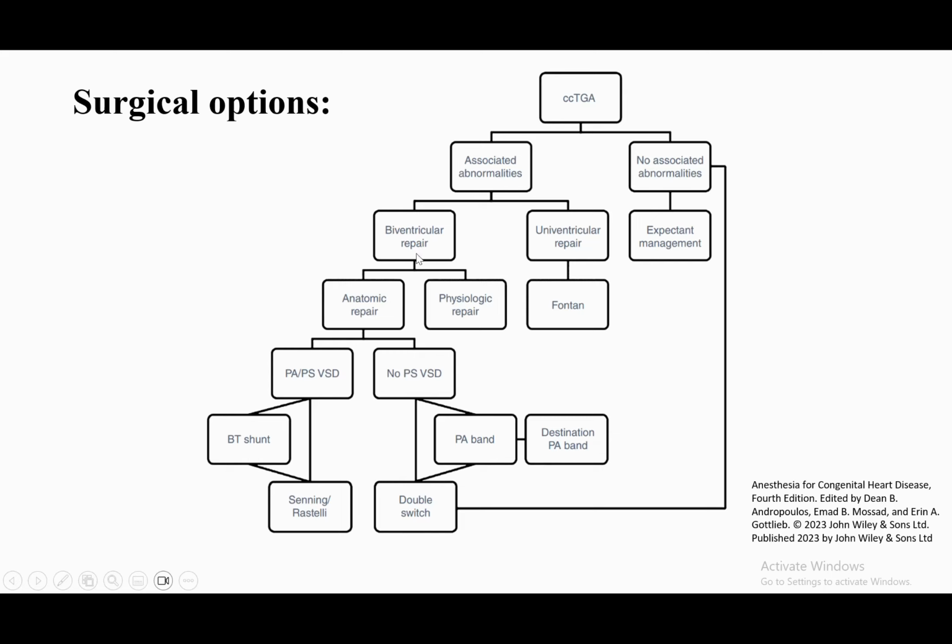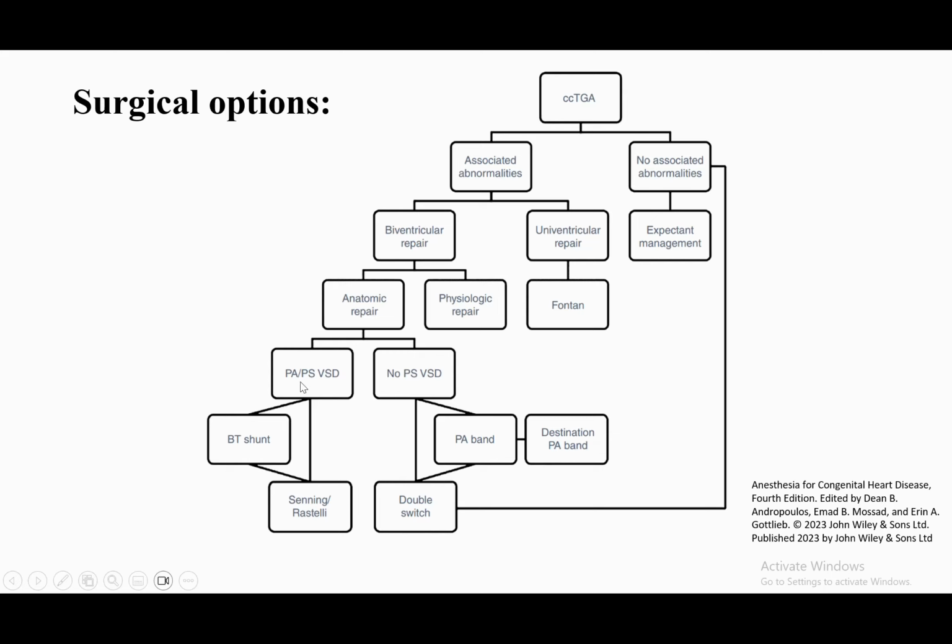If biventricular repair is possible, we either do a physiological repair, in which we correct the associated anomalies and leave the ccTGA, or we address the ccTGA. If there is no pulmonary stenosis, we do a double switch operation, or a double switch operation after training the left ventricle with a band.